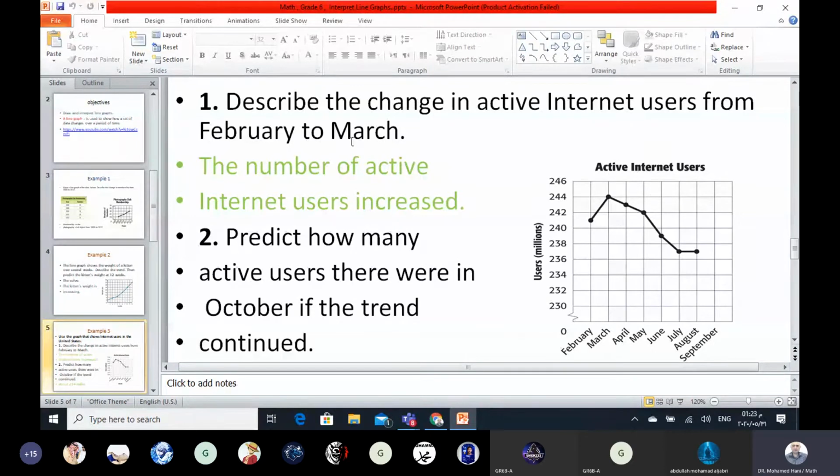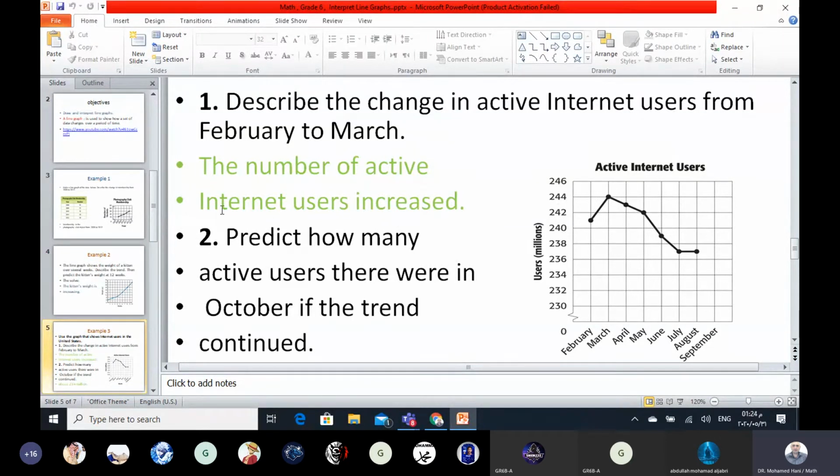In February, the number of users will be, as you see here, between 240 and 242, means 241. And in March here, the users will be 244. So is it increasing or decreasing here? As you see, from 241 to 244 means increasing. So I can write the number of active internet users increased.